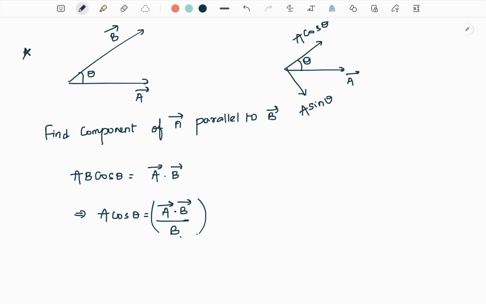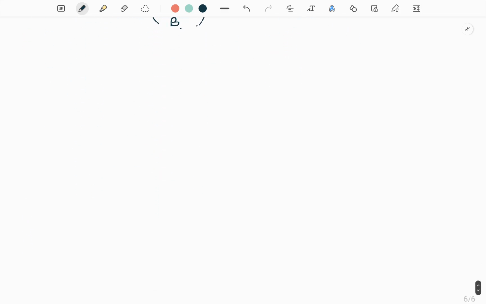Okay, now let's discuss briefly a little bit about the cross product. The cross product is also called the vector product, because the result that you get, one second, I made a mistake, the cross product or vector product.